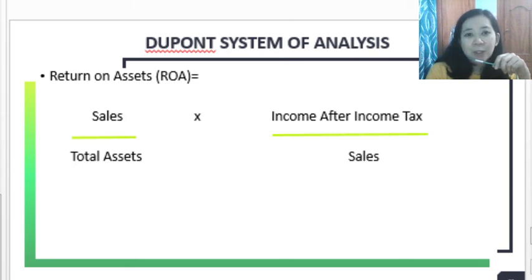For the other ratios, you can have them in much more detail elsewhere. Since you are a marketing major, we just focus more on the most common financial ratios. So that would be all under our Module 6, financial statements analysis.